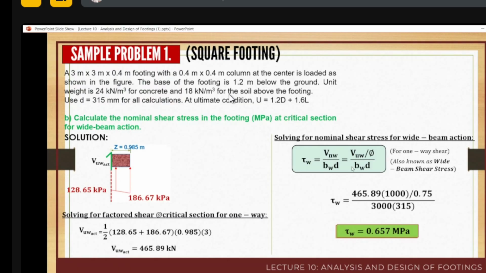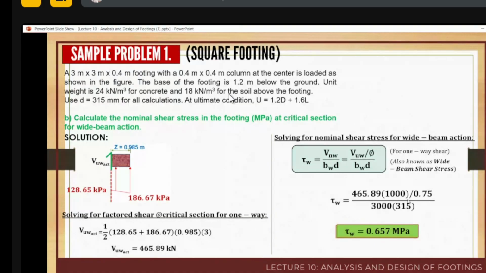And again, kung magkuha ta og nominal, it is just our ultimate strength divided by the shear factor, no? 0.75. So, i-divide na to, then following this formula, B sa UW over P over VW times T. So, where we determined our V ultimate shear strength, no?